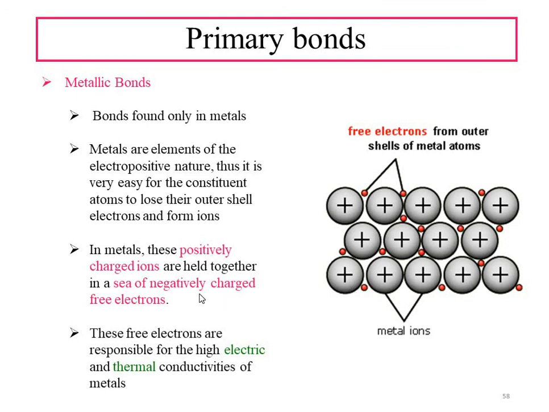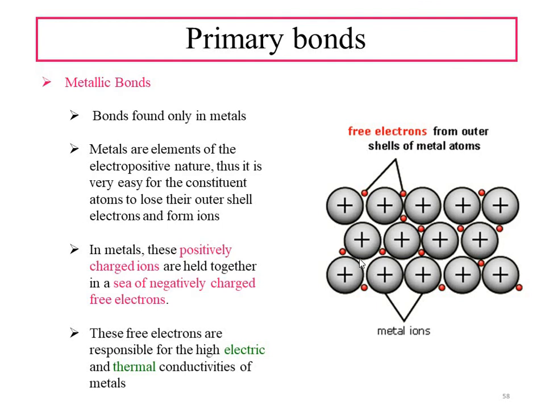In metals, the positively charged ions are held together in a sea of free electrons. A free electron sea is there, and the positively charged ions are held in between. These free electrons are responsible for the high electrical and thermal conductivities of metals.